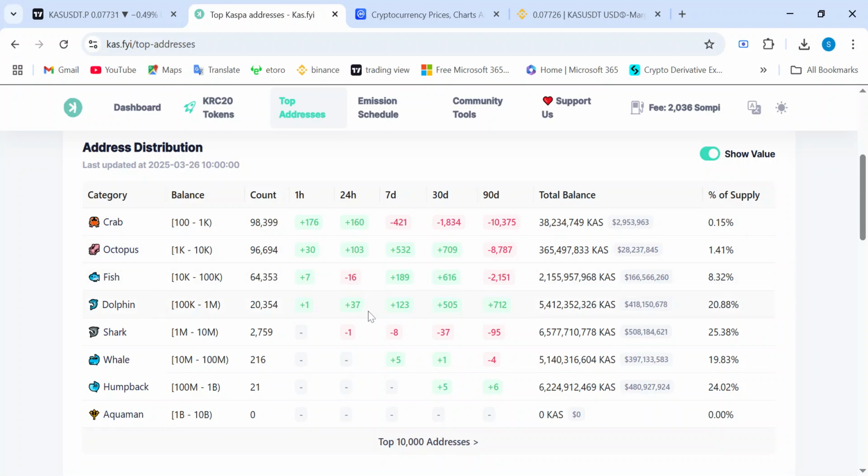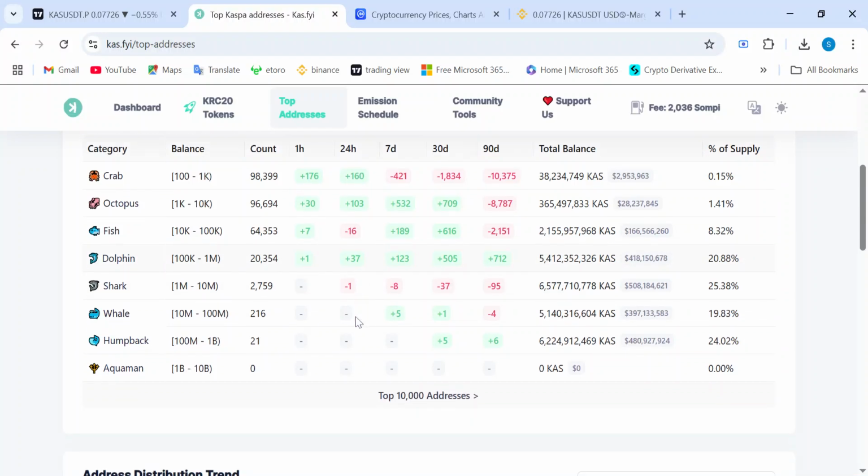And dolphins also. Dolphins are actually huge contributors. They hold anywhere between 100,000 to 1 million Kaspa, and they increased by 37 plus new dolphins for us. We lost one shark, which is a 1 million to 10 million holder.